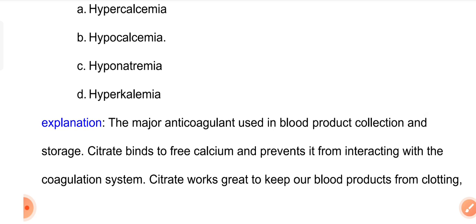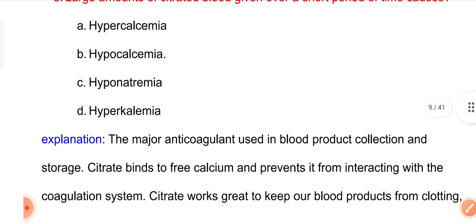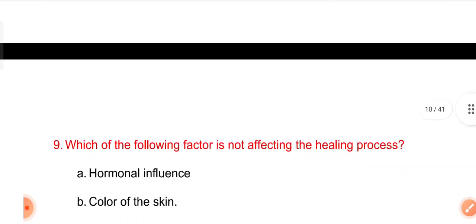The citrate binds to free calcium and prevents it from interacting with the coagulation system, so it prevents clots from occurring. Citrate works great to keep our blood products from clotting. It prevents the clotting of blood, so the patient will have hypocalcemia.